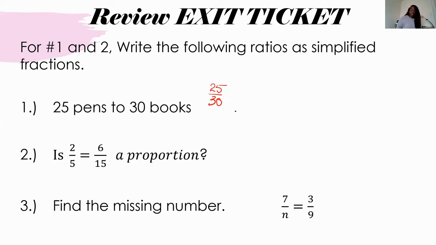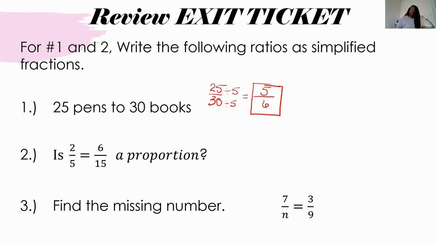So if I divide the numerator by 5 and the denominator by 5, it will get me down to its simplest form. 25 divided by 5 gives me 5, and 30 divided by 5 gives me 6. So my simplest fraction for number one is 5/6. Another way of saying it is there are 5 pens for 6 books.